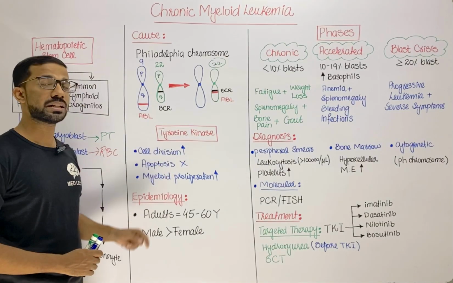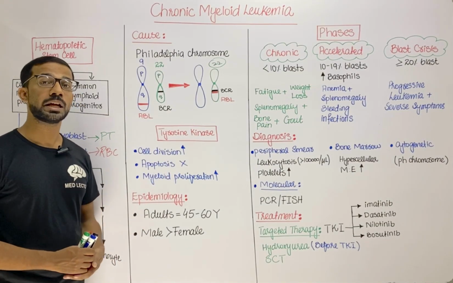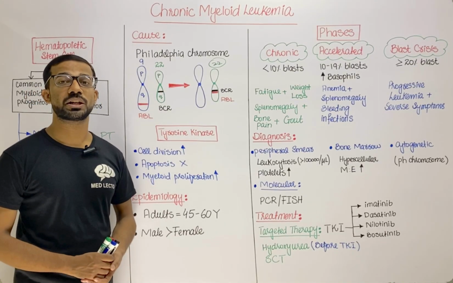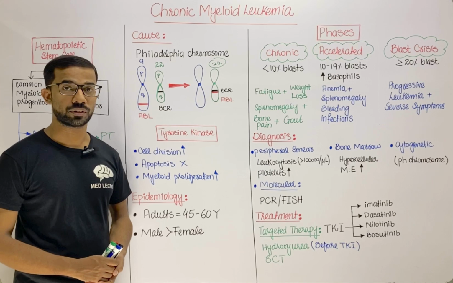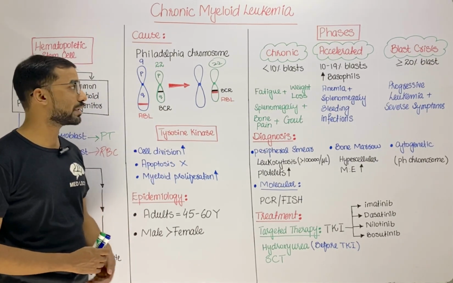All these factors go in favor of cell proliferation. So ultimately the myeloblast starts proliferating and differentiates into the neutrophil, basophil, and eosinophil. That is the important thing which you have to remember about the Philadelphia chromosome.